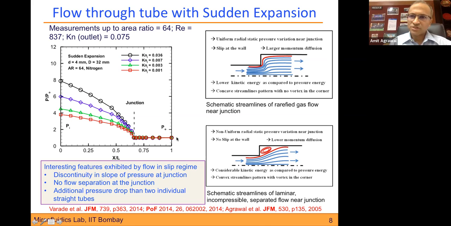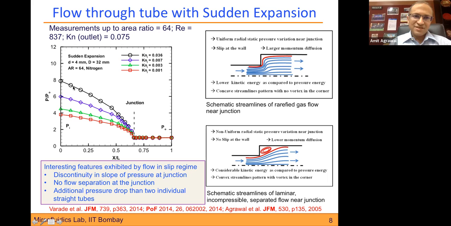The outlet pressure is close to 1, and of course the pressure in the wider cross section is close to 1. But by the time you go to a narrower cross section tube, the pressure is almost 8 times the outlet pressure, and of course the pressure drops very rapidly in the narrower cross section tube.